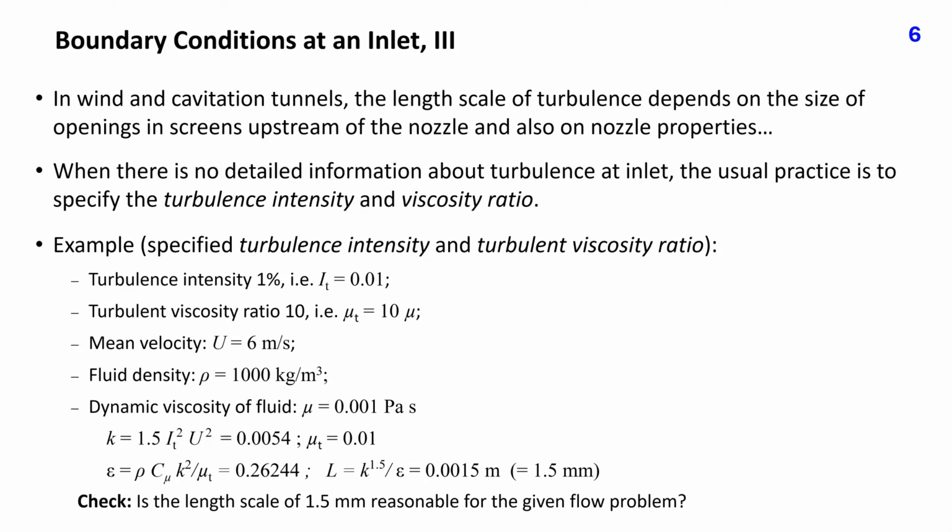When applying such approximations, it is advisable to compute the length scale using the approximation from slide 5, L equals k to the power 1.5 divided by epsilon, which gives in this case 0.0015 meters. We now need to check whether the length scale of 1.5 millimeter is reasonable for the given flow problem.